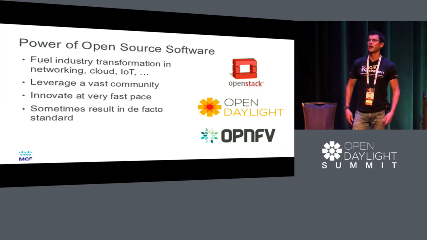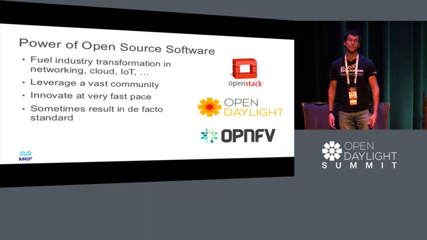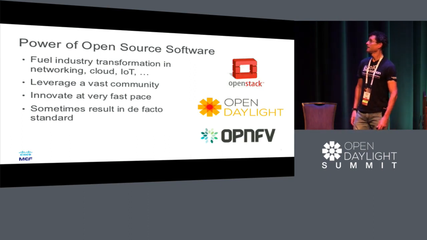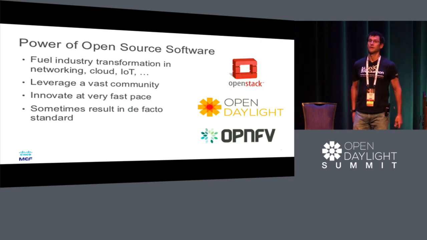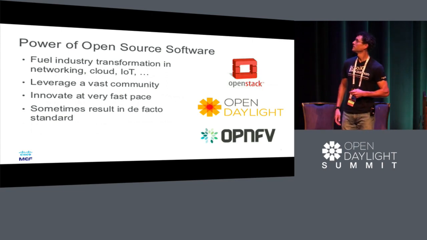And the value of it is really in the community, in people like yourselves, right? And being able to leverage that. With the vast community that's contributing, you can innovate at a tremendous pace. And sometimes you even end up coming up with a de facto standard, just because so many people adopt and use a certain open source project.